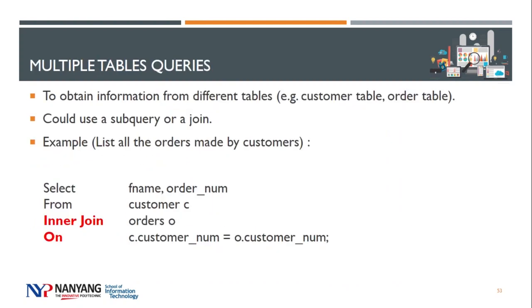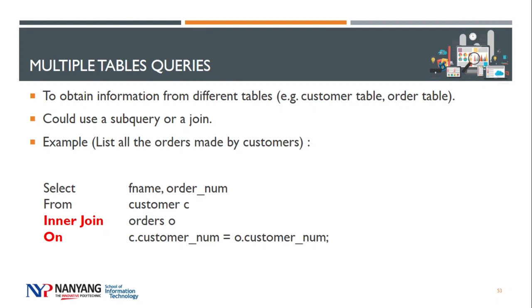To do multiple table queries, so to obtain information from different tables, for example the customer table and the order table: the information that you want could be stored in two or more tables. For example, you want to display the customer name and all the orders he has made. The customer info is found in the customer table, while the order info is found in the order table.